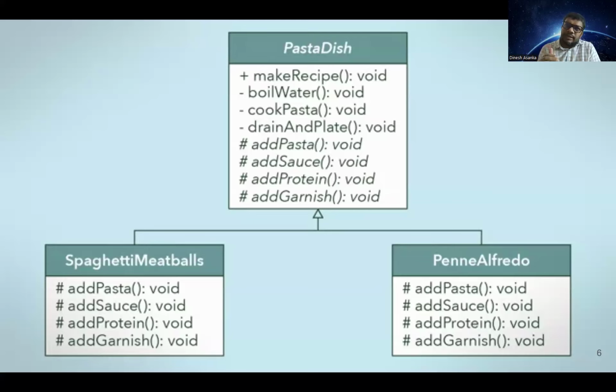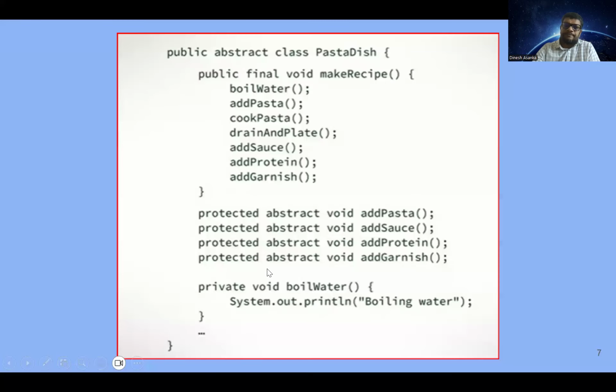So what we are doing here is we maintain the sequence, and the common implementations are in the superclass, and the customized implementations are done at the subclass level with the same signature. So you have the add pasta method, which will be overridden at the subclass levels.